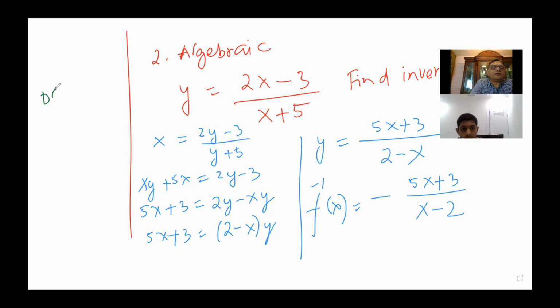Right, domain and range of function f of x.